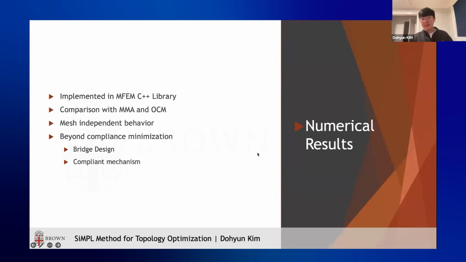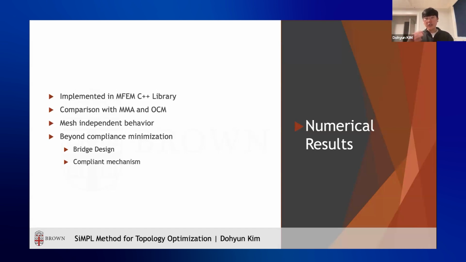All of those methods have been implemented in MFEM, and we also have a comparison with MMA and OC, which are some of the standard methods for solving topology optimization. Because we derive the optimization algorithm in infinite dimensional space and then discretize, we expect our method to be mesh independent.